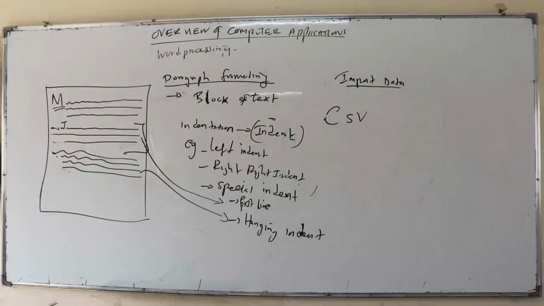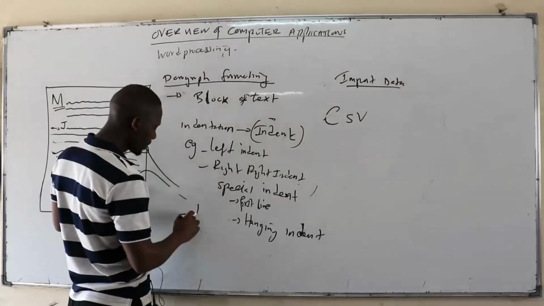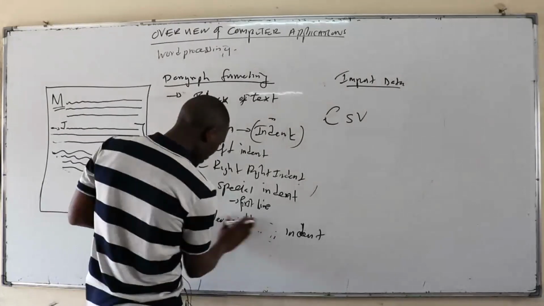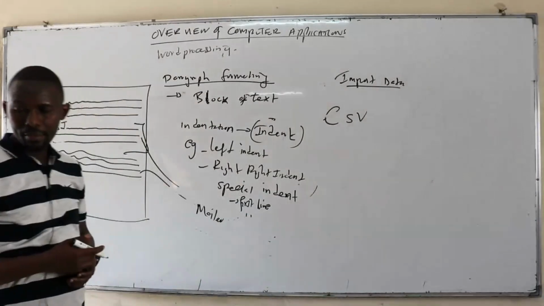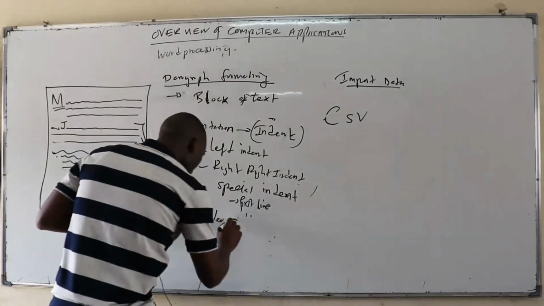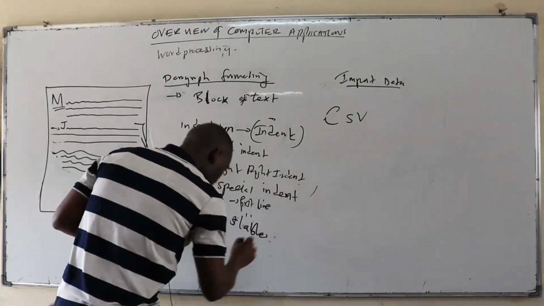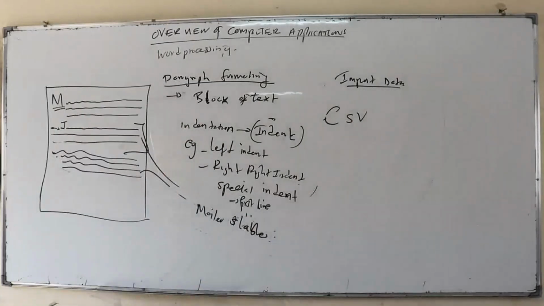Yeah. So the other feature is the mailer and label. Here you can say that the mailer normally helps us to create letters.